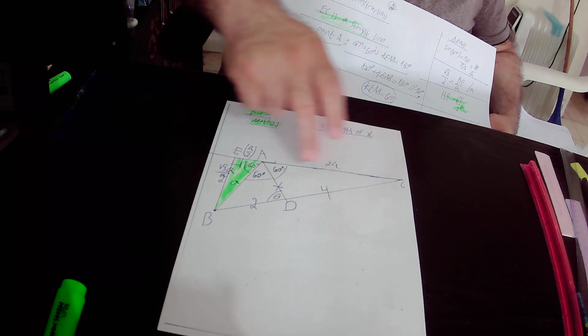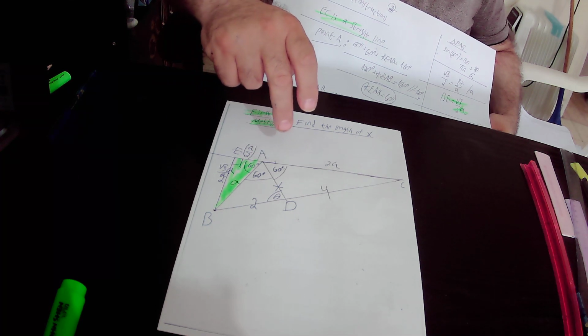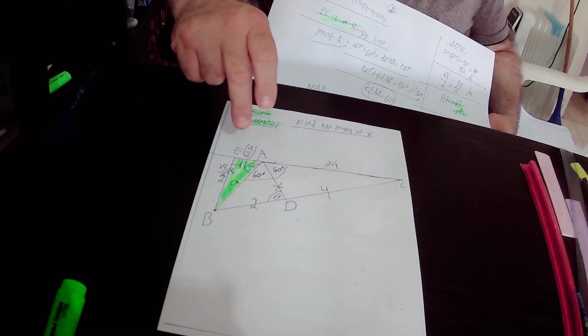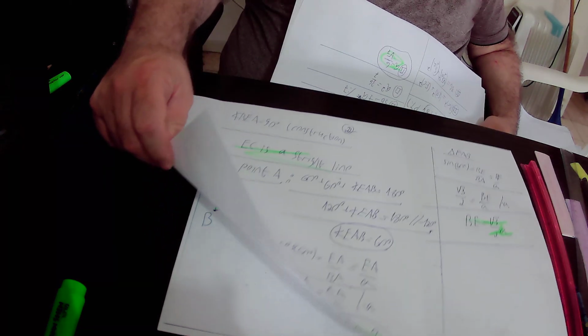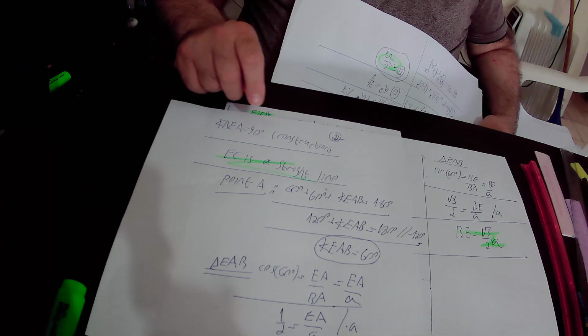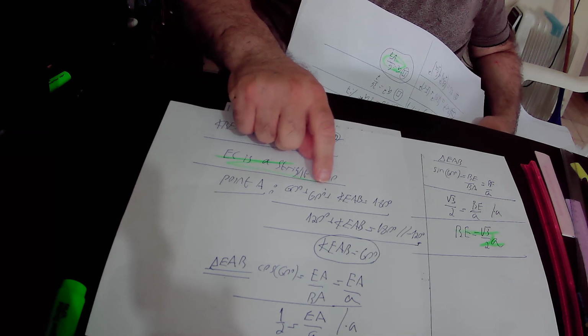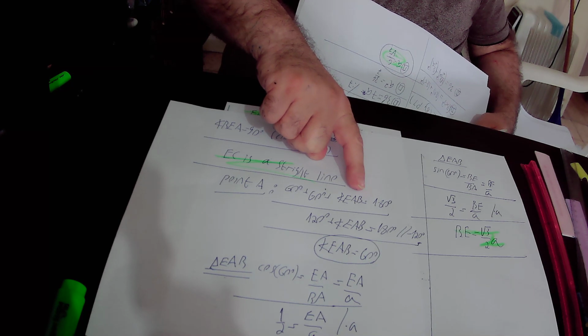On the lower side of the straight line EC at point A, which angles do we have? We have 60 degrees plus 60 degrees plus angle EAB. In total, the sum of those three angles must be equal to 180 degrees according to the rule I mentioned.